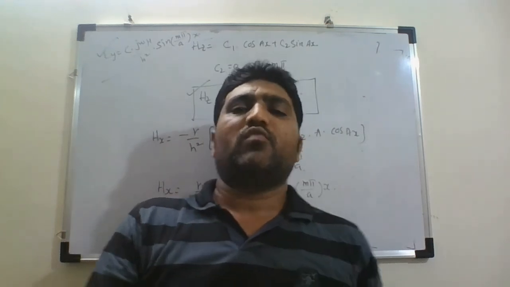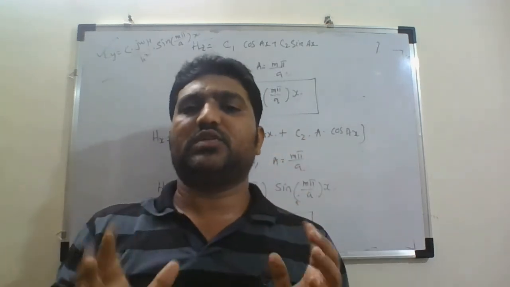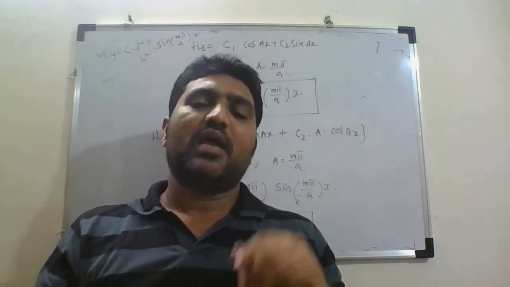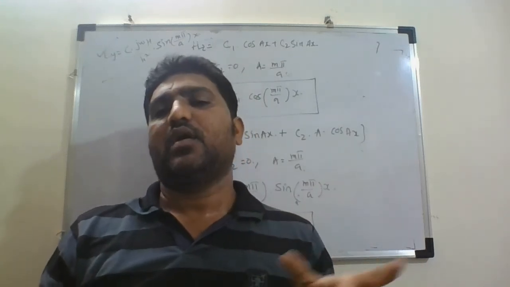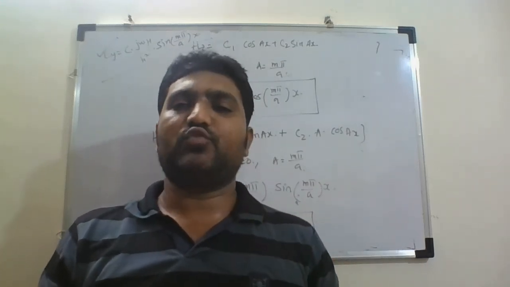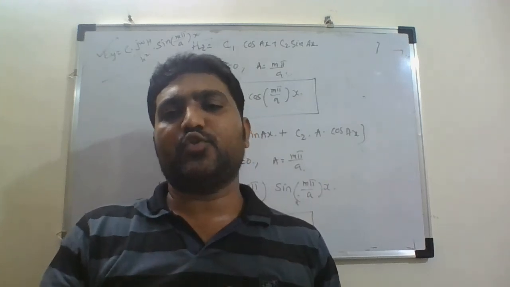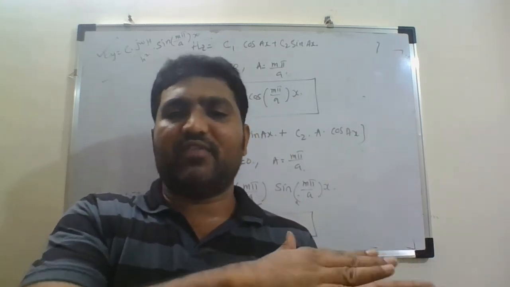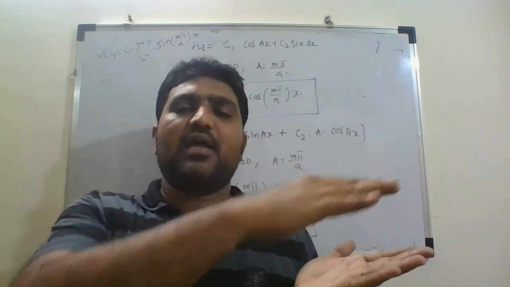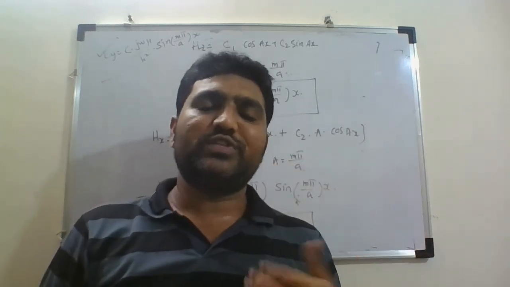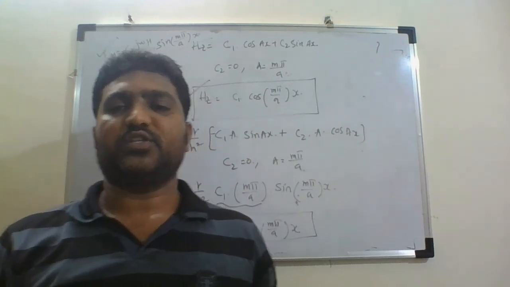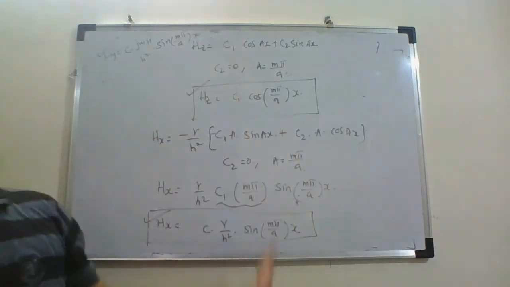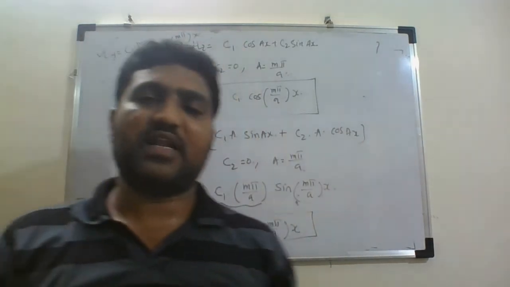We have derived the expressions for this, and then to derive the right constant values, we have used the boundary conditions. Here we get two boundary conditions. One is at x equal to 0, my Ey will be 0, and at x equal to a, again Ey will be 0. Using these two, we got the expressions. So these are the field expressions for my transverse electric wave.